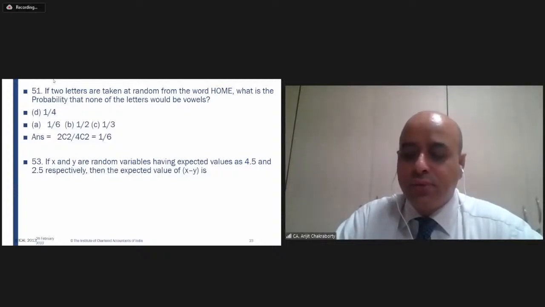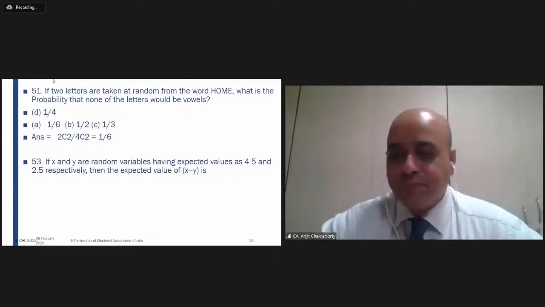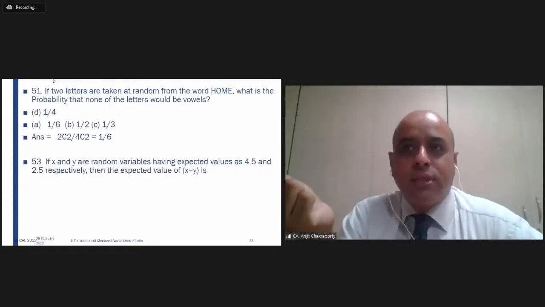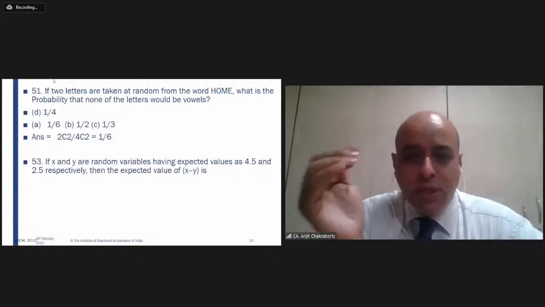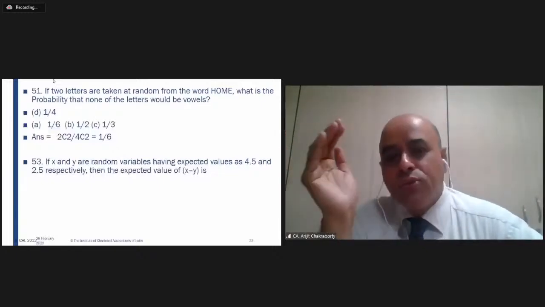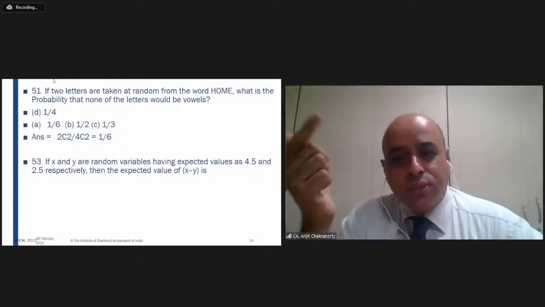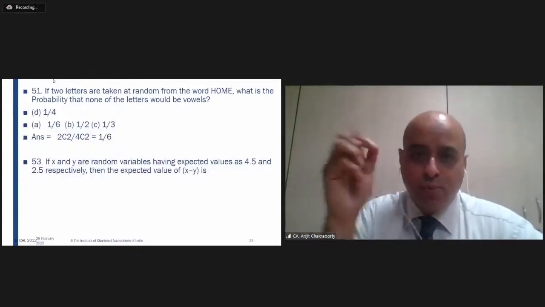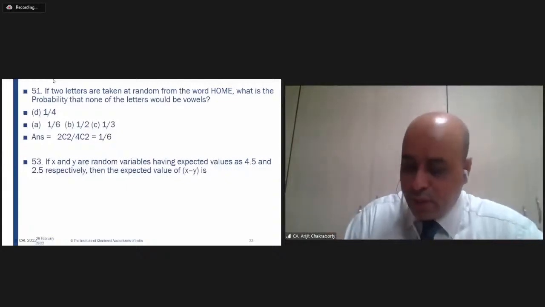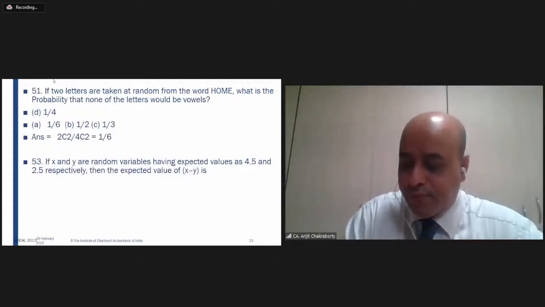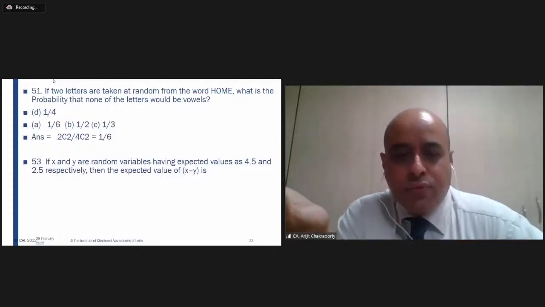The expectation E(X plus Y) is equal to E(X) plus E(Y). Similarly, E(X) minus E(Y) will give you the expectation E(X minus Y). So here you know the expectations separately of X and Y. E(X) is 4.5, and E(Y) is 2.5. So what is the expected value of X minus Y?